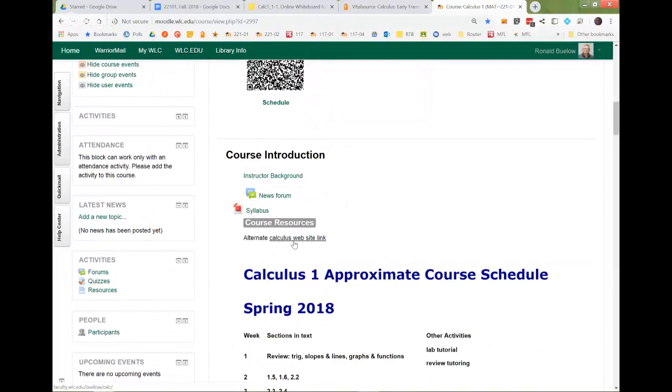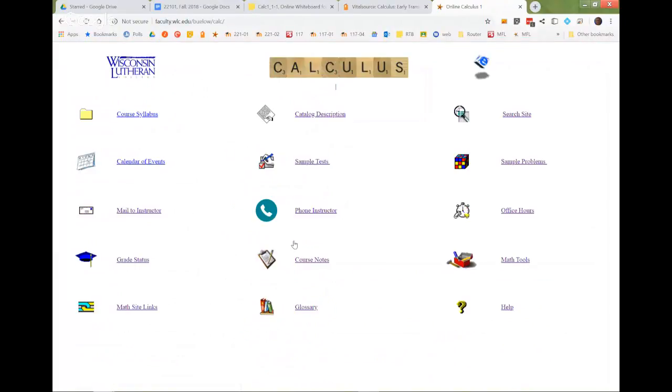calculus website link. When you click on that, a whole other website is there, which I wrote for calculus. The two key buttons here are course notes and sample problems up here on the right.